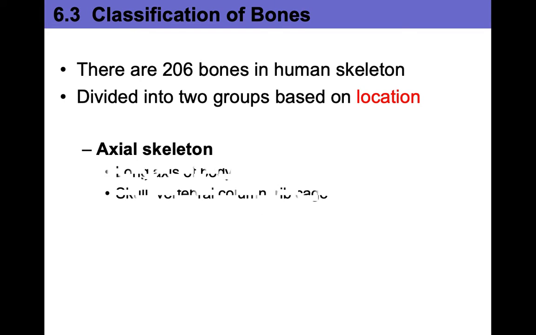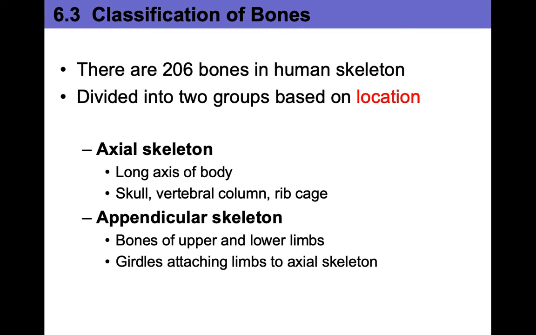Classification of bones. So bird's eye view, this number I do want you to know: 206 bones in the human skeleton, divided into 2 major groups based on location, axial and appendicular. So all axial is your skull, your vertebrae. Appendicular, everything else.